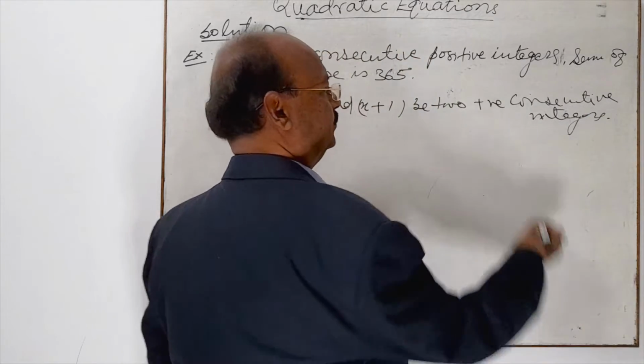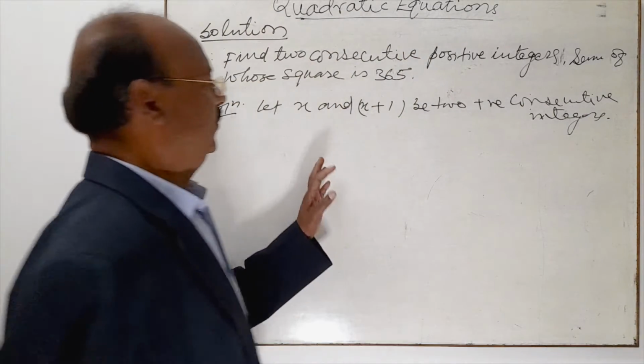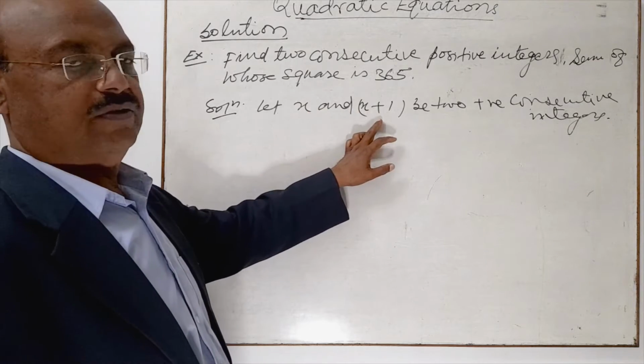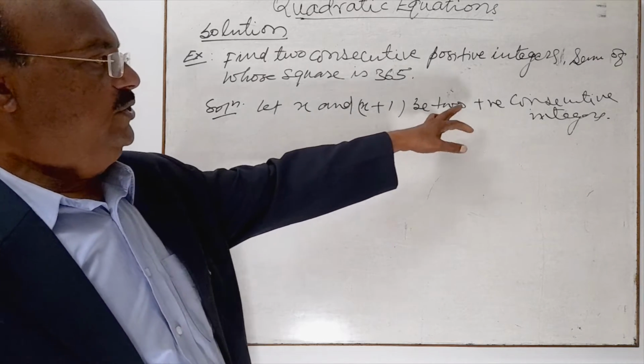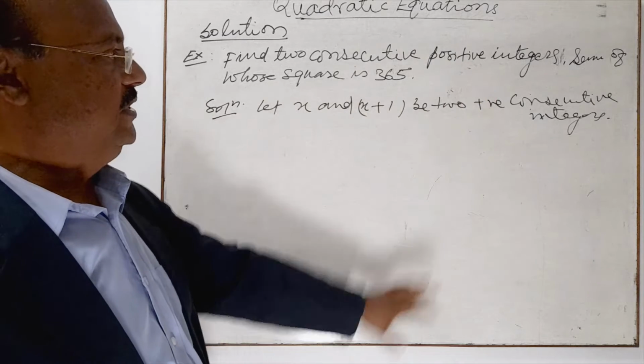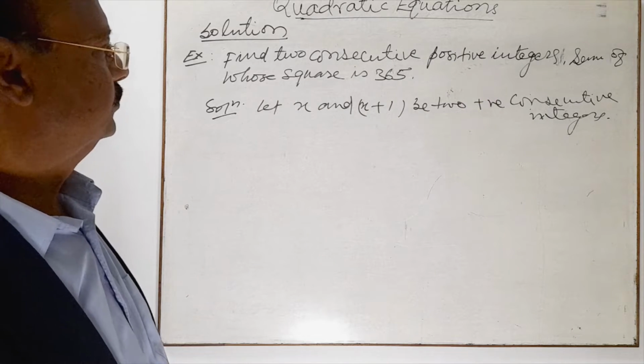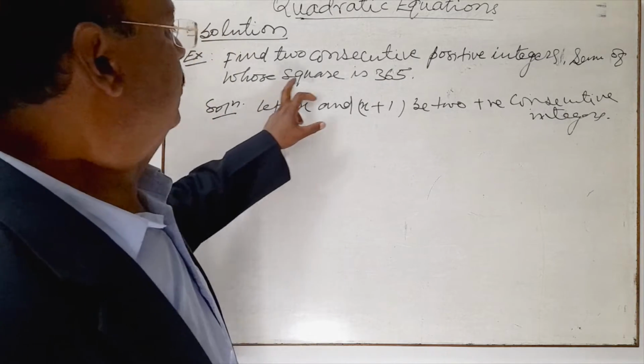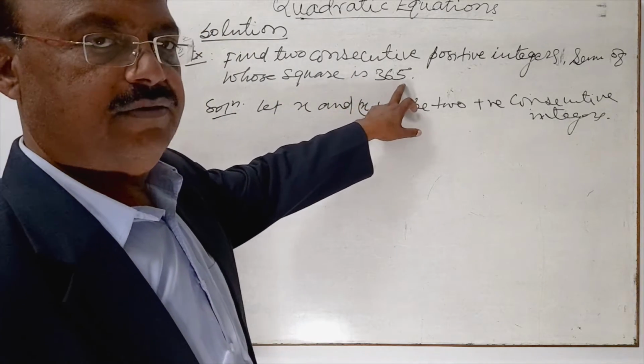Fine. We have taken consecutive, that's why we are taking x and x plus 1, as two consecutive positive integers. Correct? And the sum of whose squares is 365.